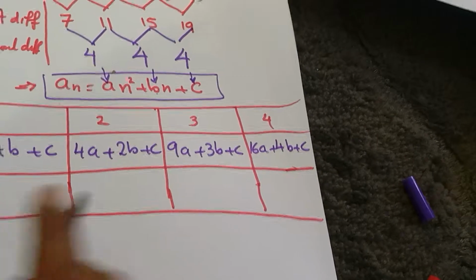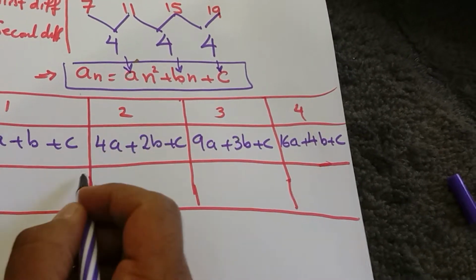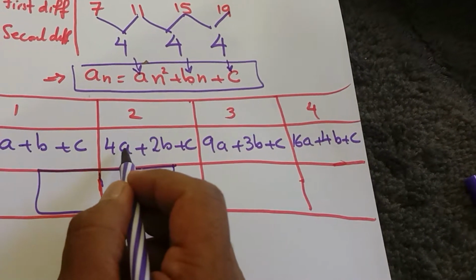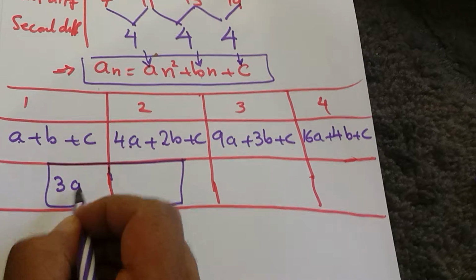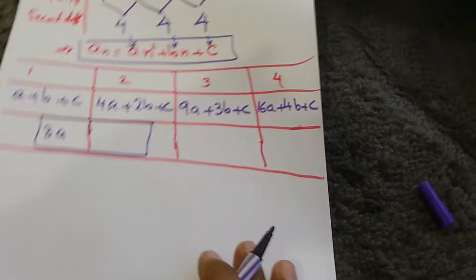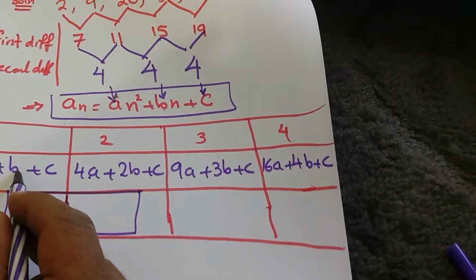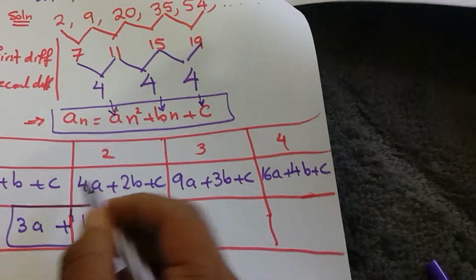Okay, now you work on the first difference here. So 4a minus a, that's 3a, and 2b minus b, it is just b, and c minus c, which is 0.